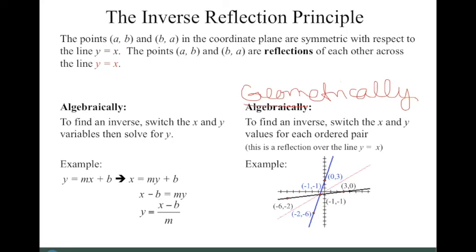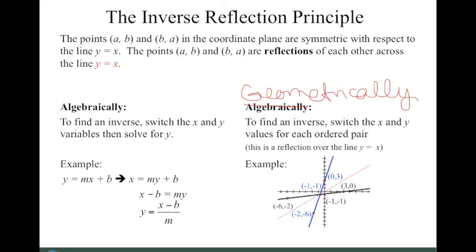We'll switch x and y, and what that looks like is a reflection over the line y equals x. y equals x is all of the points where x and y have the same value. So on either side of that line, we have this symmetry of x and y switching. So I did an example here. Let's look at the algebraic example first.